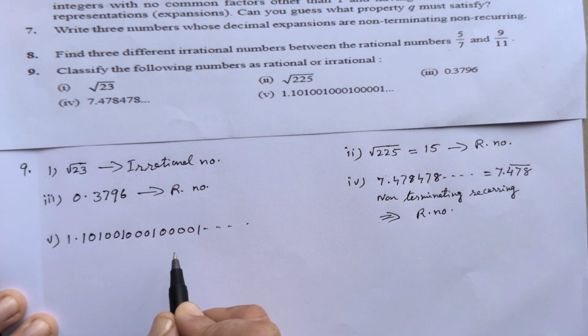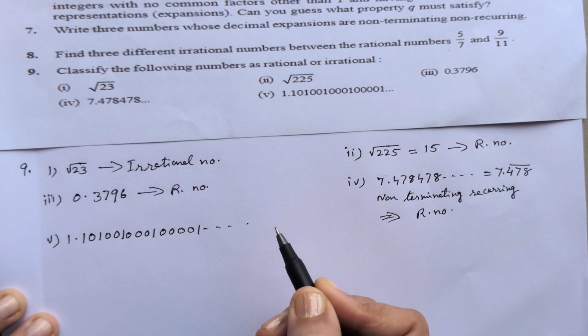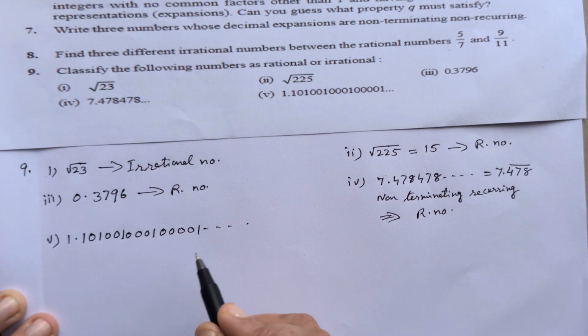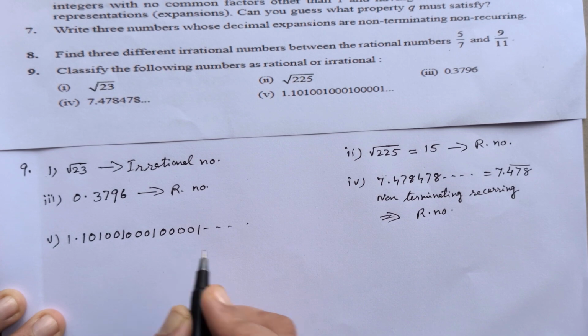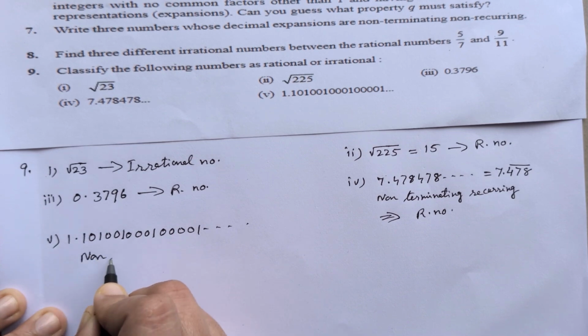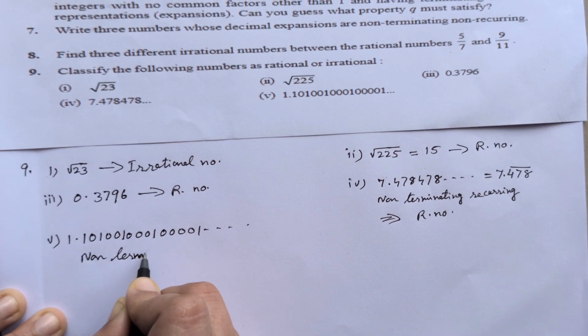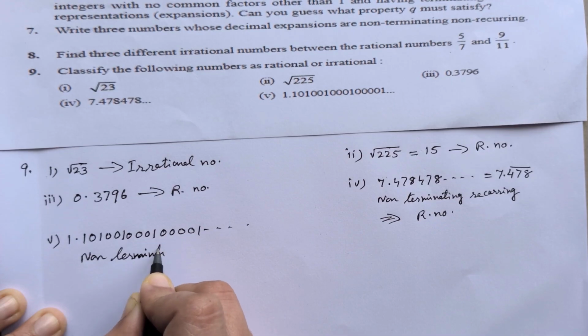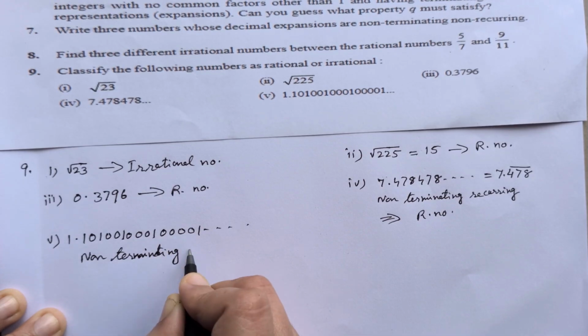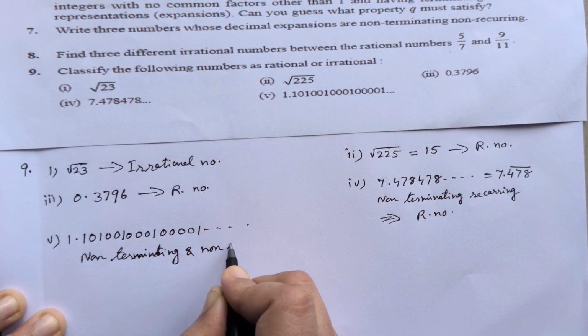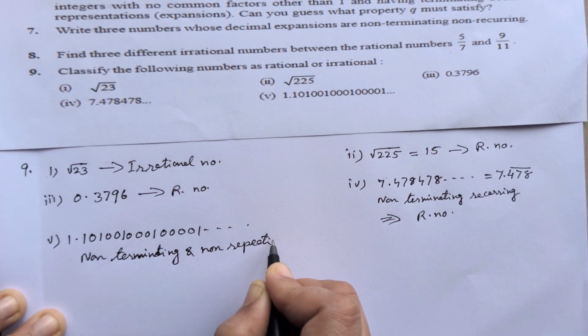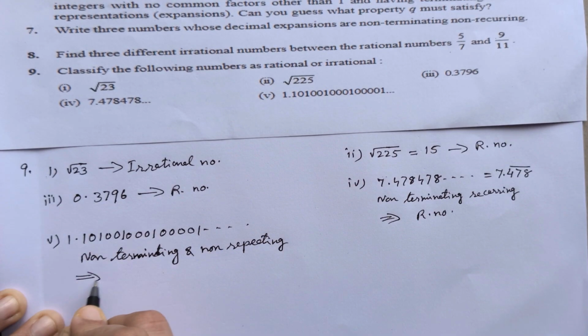So we can say this is non-terminating, non-repeating, or non-terminating, non-recurring, which means it comes under the irrational numbers group. Irrational number.